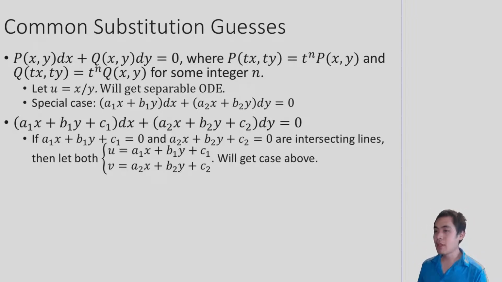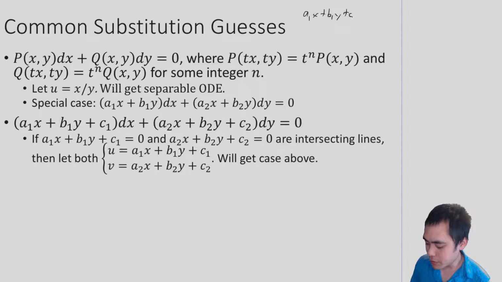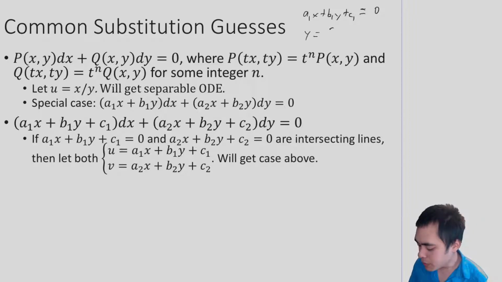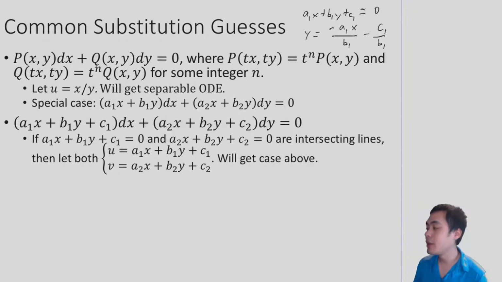So you'll notice that if you had the formula a1x plus b1y plus c1, and you set that equal to 0, you can rewrite that as y is equal to minus a1x over b1 minus c1 over b1. And so that actually defines a line, right?